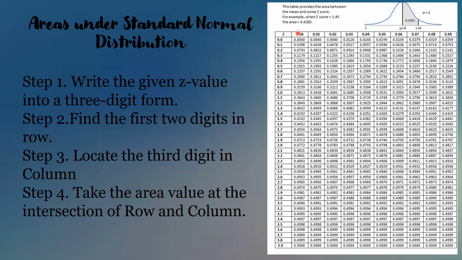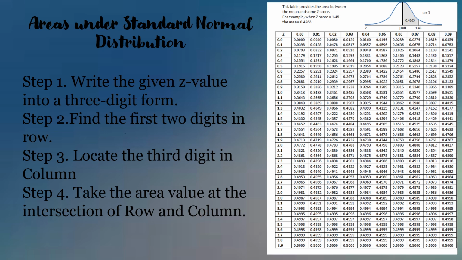So, dito natin siya titignan. Kay 0, 0.01, 0.02, hanggang 0.09. Then, last step is to take the area value at the intersection of row and column. So, titignan nyo lang kung saan ang intersection ng ating row tsaka nung column.